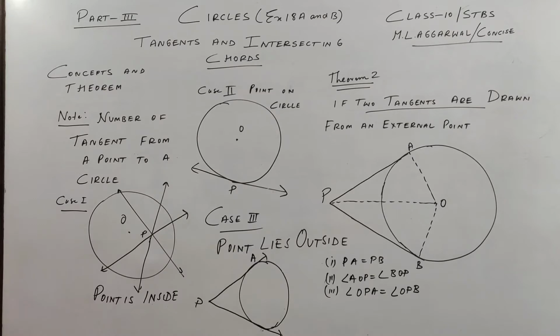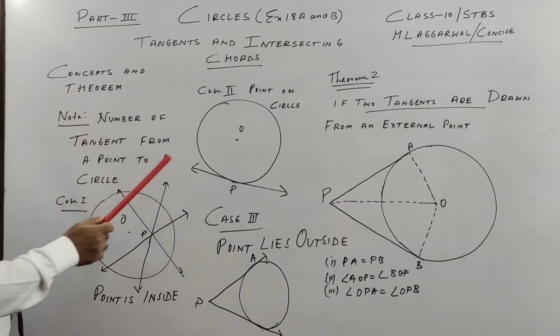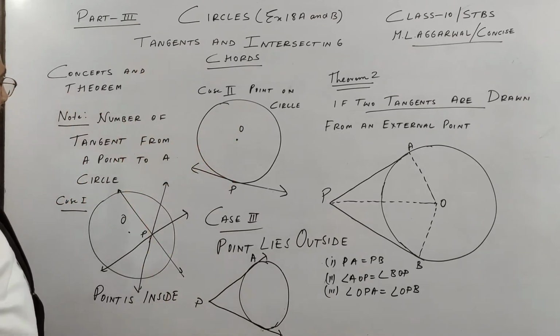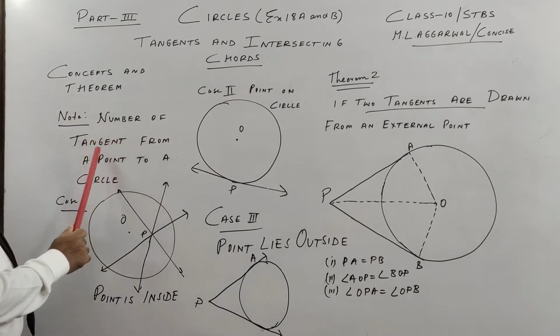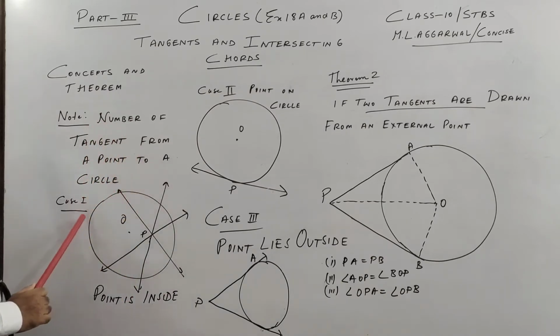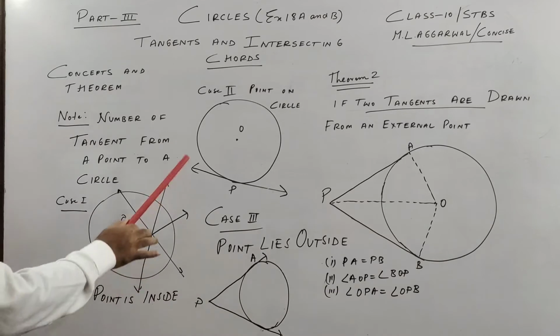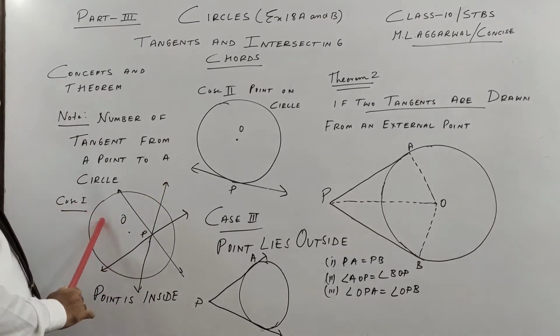Okay, now we move on to the second theorem, on tangents and intersecting chords properties. A few concepts before I go to theorem 2: the number of tangents from a point to a circle. Suppose there are 3 situations here. You will see case 1.